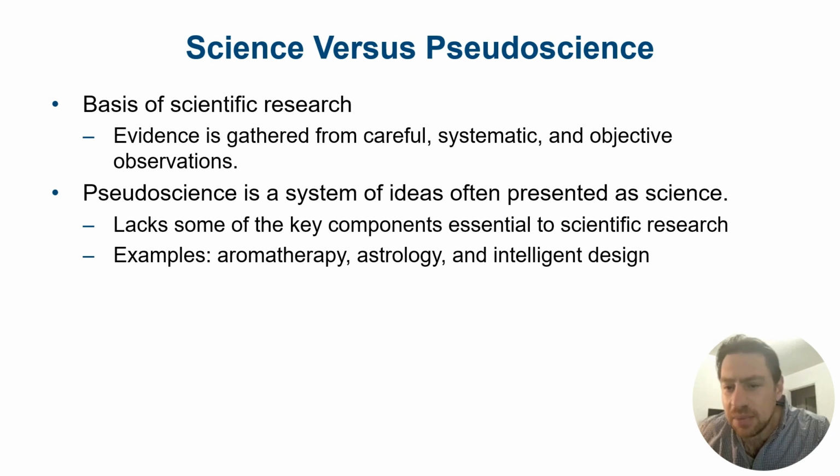In other words, ideas or beliefs that don't conform to the scientific method but are presented by the practitioners or believers as being scientific. There are many examples we can go through. Aromatherapy, astrology, intelligent design. These are all examples of pseudoscience.